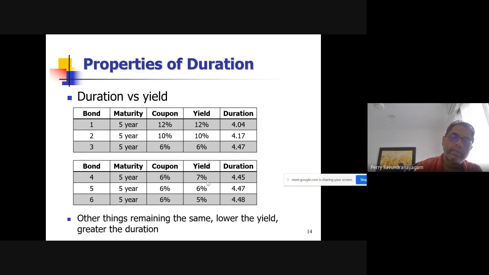So that's the yield to price relationship. It's negatively correlated. So the higher the yield, if you buy a bond that's higher yield, even if the coupon is the same, your duration will be less. If you buy a bond with a lower yield, your duration will be more.